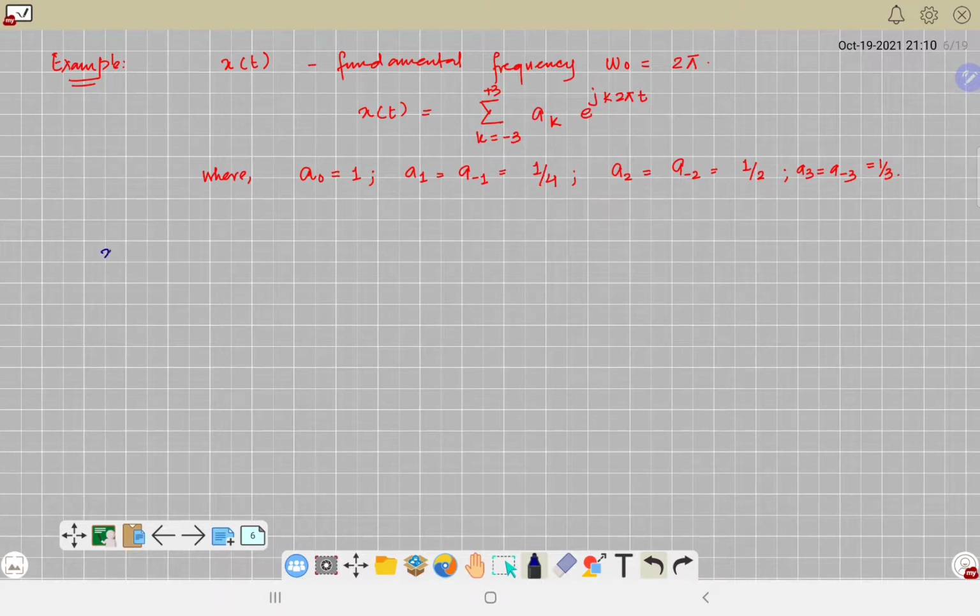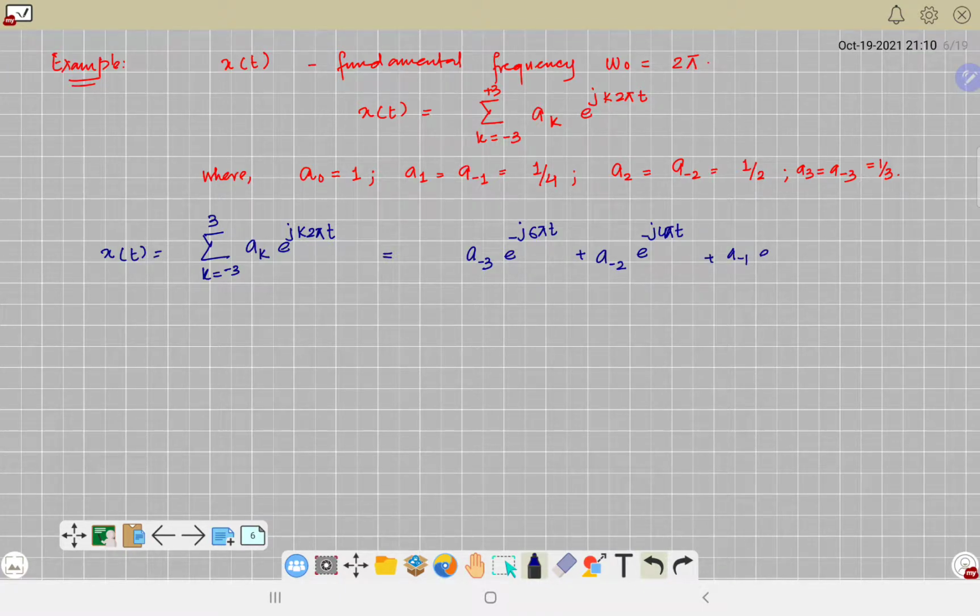So it is given that x of t is summation k running from minus 3 to plus 3, a of k e raised power j k 2 pi t. So if I expand this summation, I will have terms like a subscript minus 3 e raised power minus j 6 pi t. Then I will have a minus 2 e raised power minus j 4 pi t.